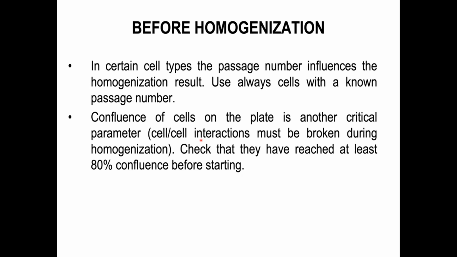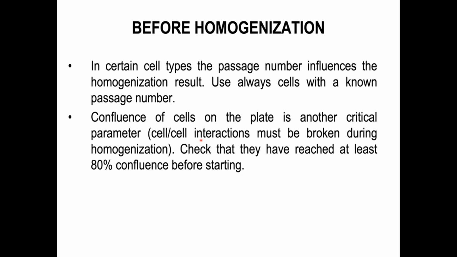What is important for you to know is that once they have made contacts, they are easier to homogenize. And this comes back to my remark that I made a few slides before, that it is easier to break up tissue than it is to break up round cells. Why is it like that?